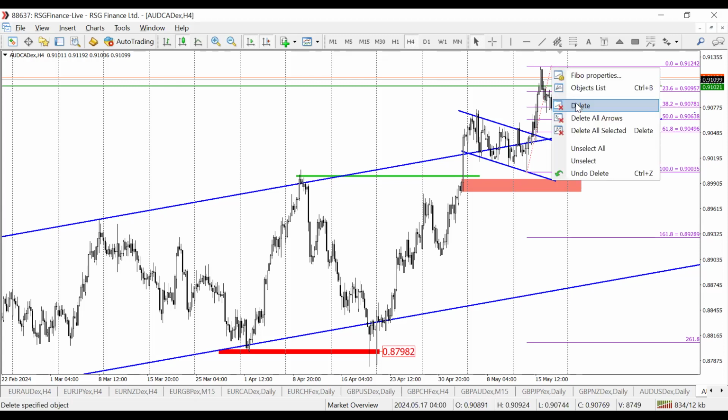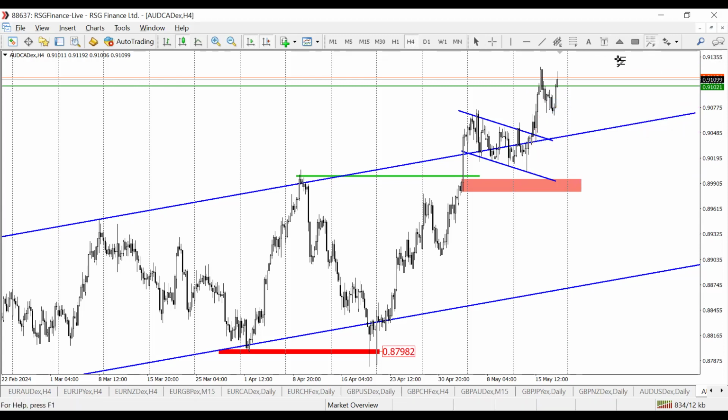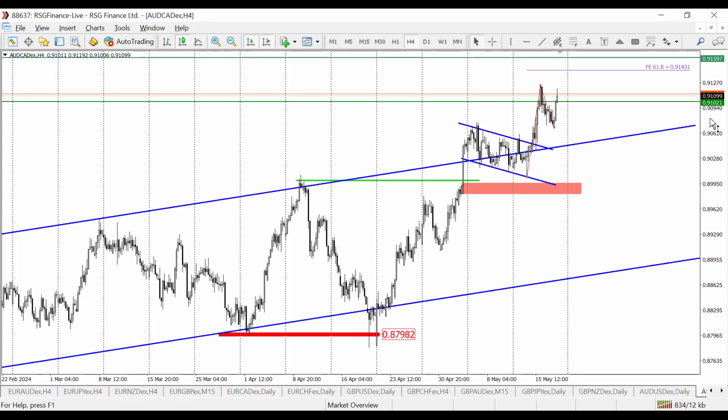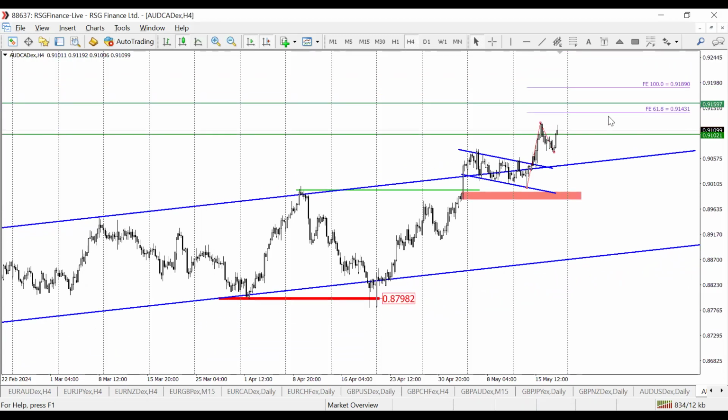Another way to get your technical target is to use the Fibonacci expansion tool, where you take the rally and then measure how far the retracement went, and this is it. So you can also see that the first target is somewhere around where we've measured. That's 0.9143, and the second technical target, let me just put this here also. So by Fibonacci, we can extend our take profit for this kind of movement.